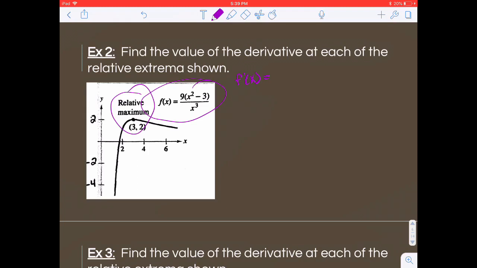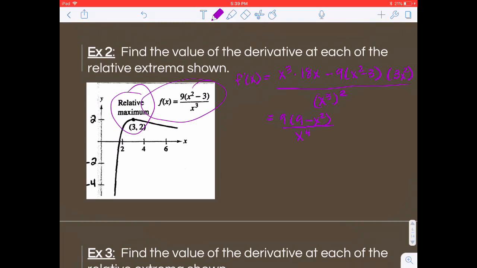So we have x cubed times 18x minus 9 times x squared minus 3 times 3x squared all over x cubed squared, which will get us down to 9 times 9 minus x squared all over x to the 4th.